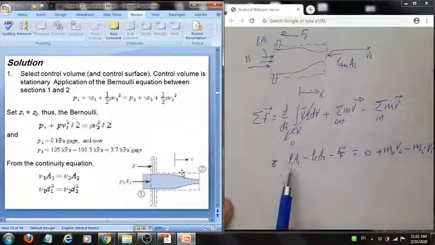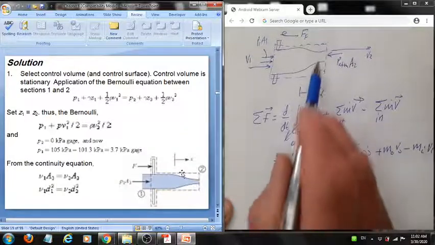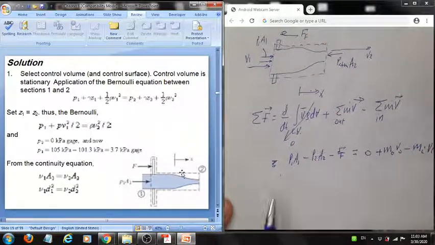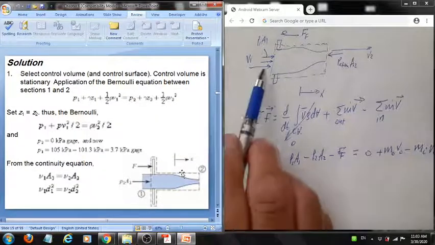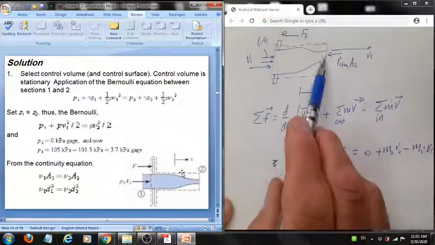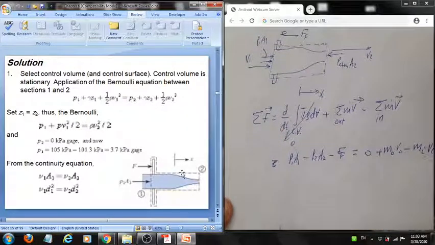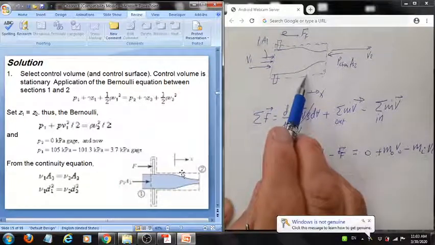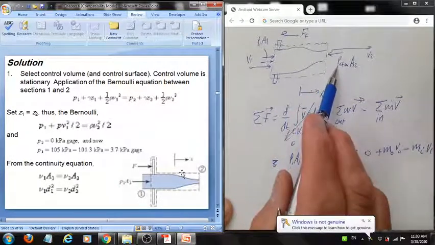We recognize that because A1 and A2 are the same as we drew it, P1 minus P2 is the gauge pressure at the inlet. The gauge pressure at the outlet is equal to 0. And this is what we will use from now on. When we're dealing with these problems, we only consider the gauge pressure.